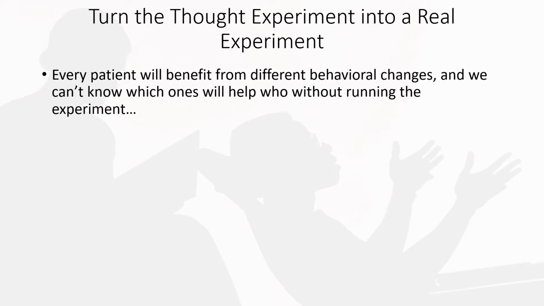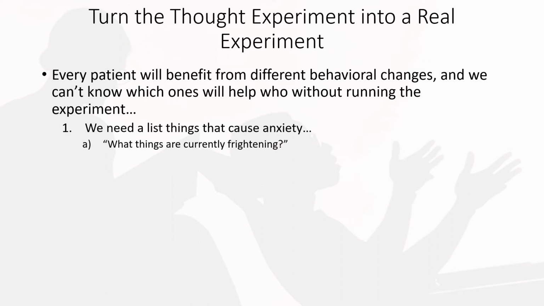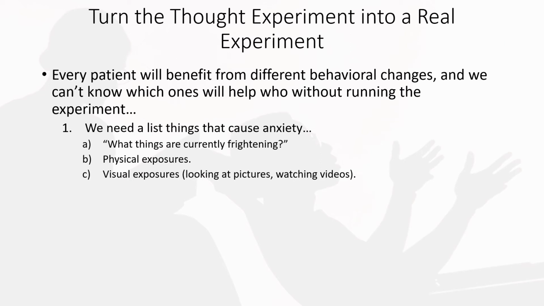And if what we're proposing is doing the things you would usually avoid, well, we need a list of things you would avoid. What things make you anxious? Most patients will volunteer this, but we want to know what things are currently frightening to you. We want a list of physical exposures. We may want to think about visual exposures, looking at pictures, watching videos.